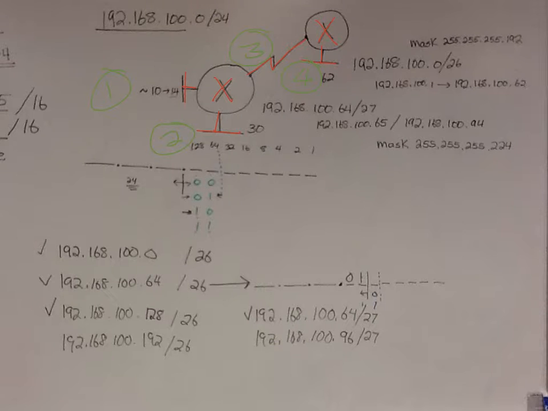There's 4 networks. Okay? 4 networks. So there's going to be an interface here that will indicate that network, be an address on that network. 1 here, 1 here, 1 here, and 1 here.